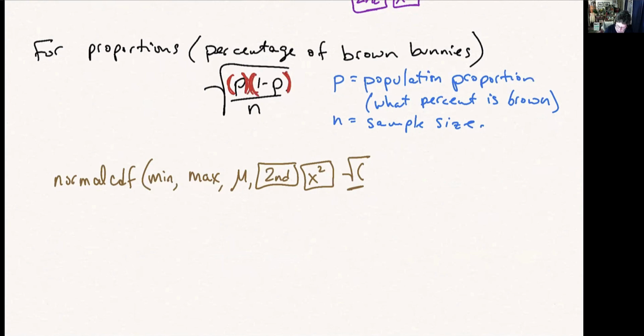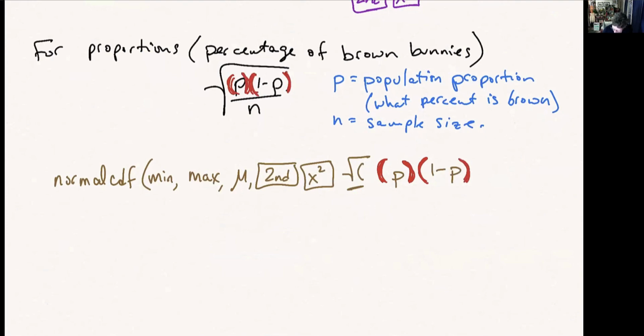So you need to make sure when you're putting this in your calculator, you're adding these 4 parentheses. You're going to add an open parenthesis, then put in the p, then close the parenthesis, then add an open parenthesis, and do 1 minus p, and then close the parenthesis.